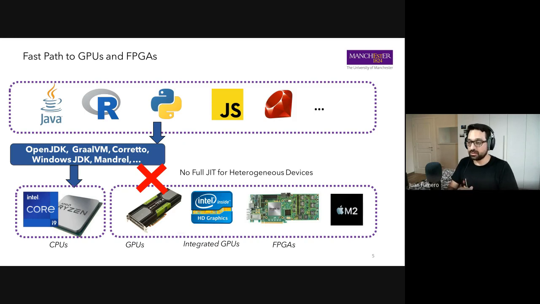Or an alternative is to have a wrapper. Essentially it's a way to implement your OpenCL, CUDA, or oneAPI program from high-level programming models like Java. In my view, that's fine. Developers are used to it.